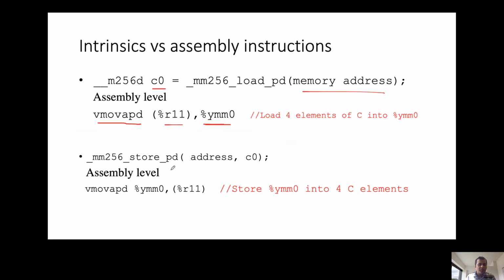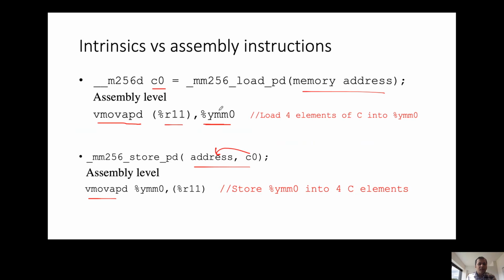Now, once you have done computation, you want to store the result in memory. So you have to provide the pointer or address in the memory where you want to store C0. So C0 would be written to the address that you provide. Internally, both load and store use the vector move instruction.